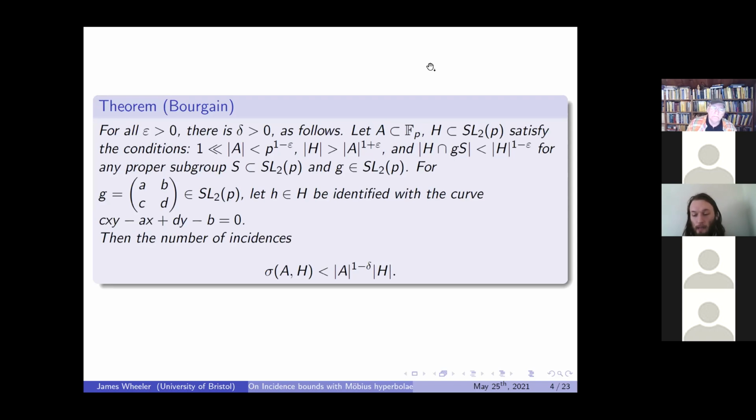Its proof is based on a series of repeated Cauchy-Schwarz and the use of the L2 smoothing of Bourgain and Gamburd, and comparing this to Helfgott's growth in SL2. This gives us a slight improvement on the trivial bound, which is A times H. Bourgain here has got this improved by a delta, which is some small constant.